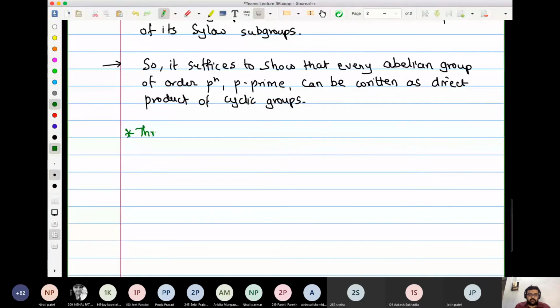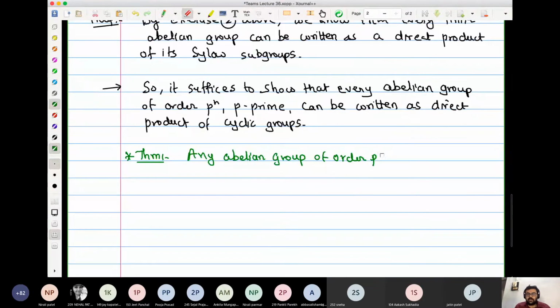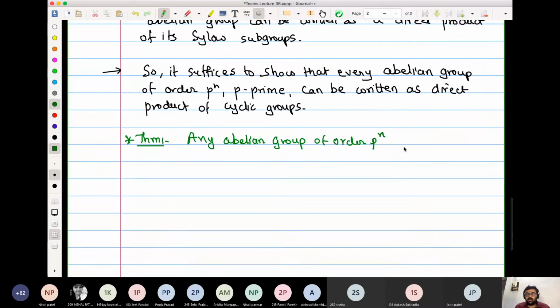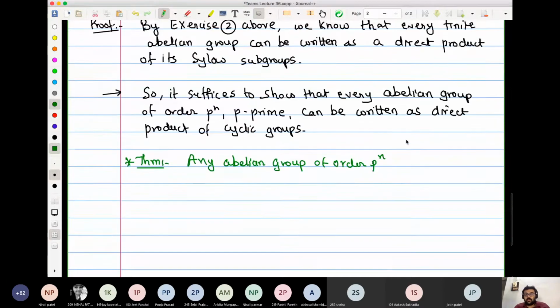So the result, again, I am writing the statement. Any abelian group, of course G is given to be abelian, of order p power n can be written as a direct product of cyclic groups, also by the above exercise. So now it reduces to showing this only, because a Sylow group has order p power n, so it is sufficient to show this theorem.